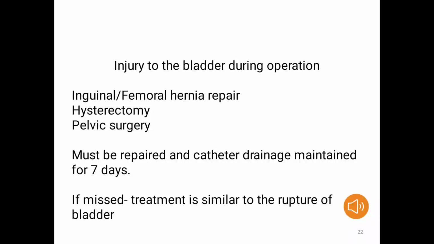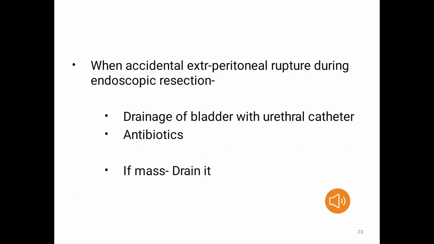In such cases, confirm the diagnosis and treat similarly to rupture of the bladder. When there is an extraperitoneal rupture during endoscopic resection of the prostate, just put in a urethral catheter, drain the bladder, and cover with antibiotics.